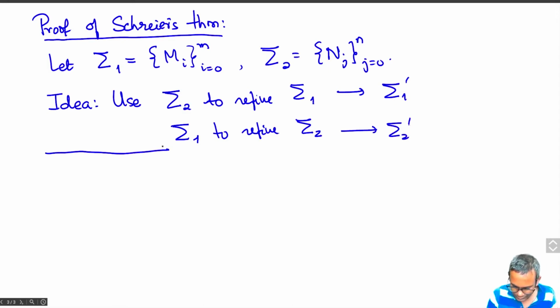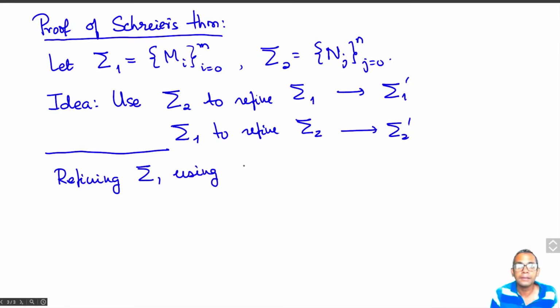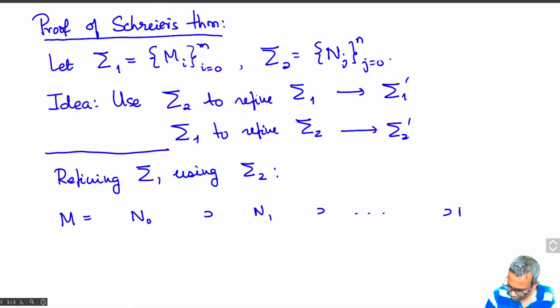Let's start with firstly refining sigma 1 using sigma 2. So let's start with sigma 2 itself. Sigma 2 is this thing: you start with N_0 is M, and then that contains N_1, that contains, and so on, all the way down to N_n, which is equal to 0.